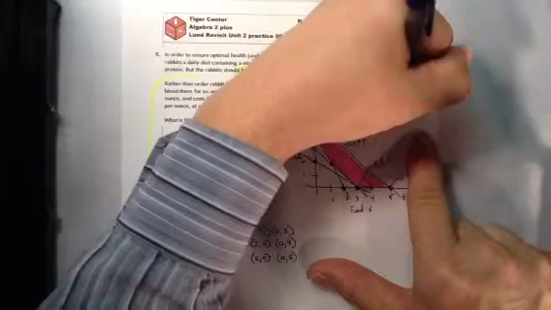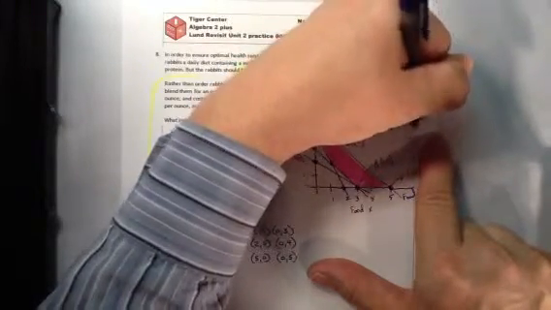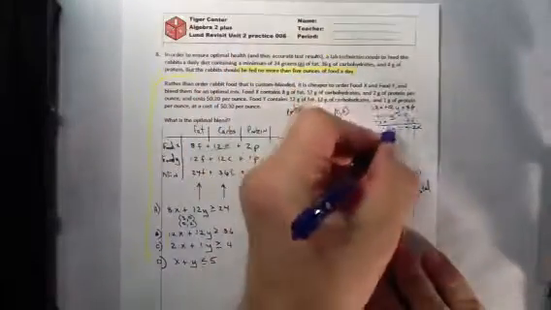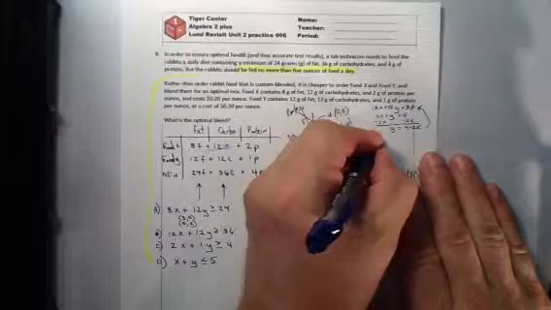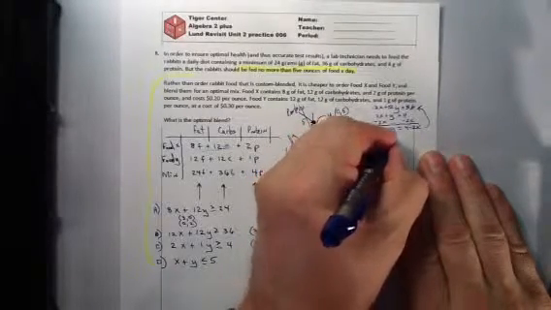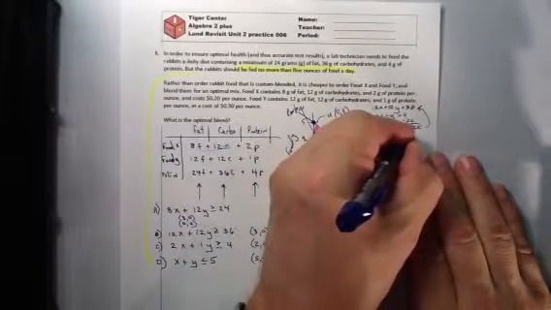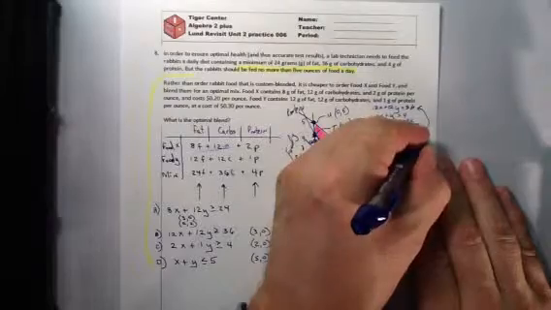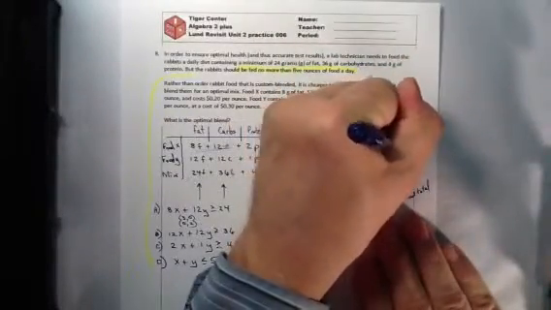Well, we have a rule that can do that. It's called substitution. Y equals 4 minus 2x. We take this and plug it into the first one so that we can solve. 12x plus 12 times (4 minus 2x) equals 36. And we're going to come up with negative 12x equals negative 12.